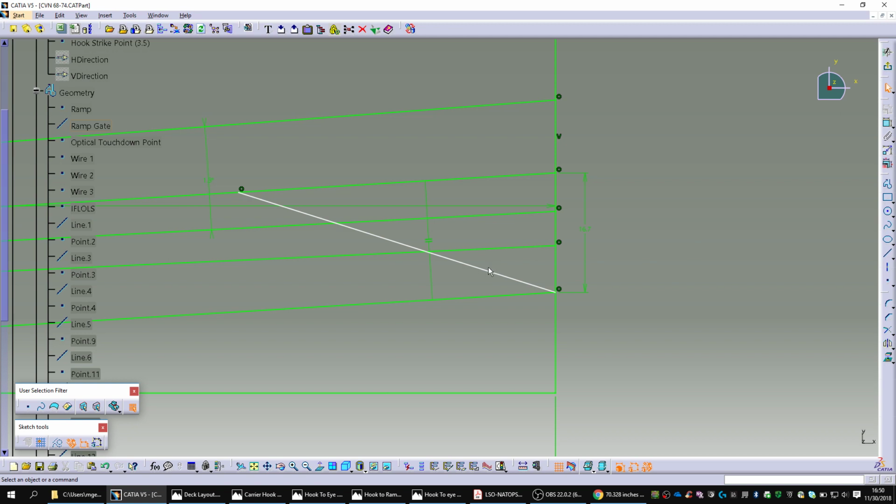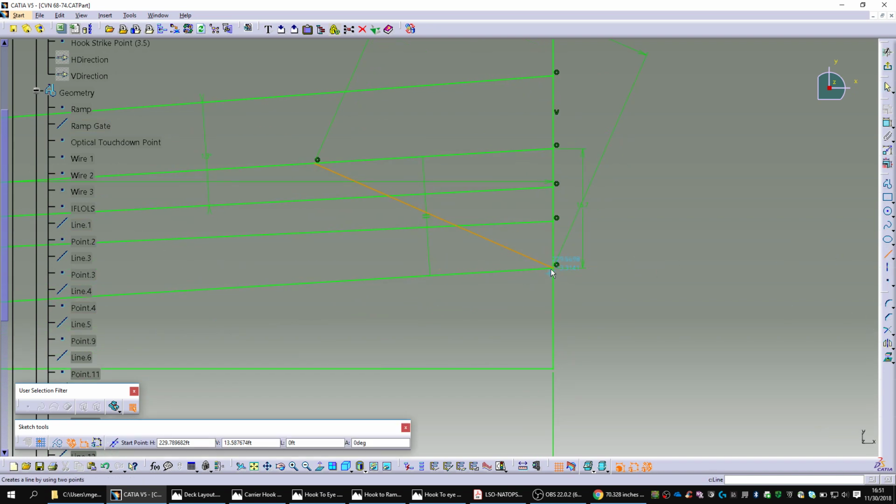So I know eye point, and I know hook point in the FSX model, and I determined that the true distance between eye and hook is 36.5 feet. Hey, if I'm wrong and you know that, let me know. Then we could correct the model, but I feel pretty good about that. So the eyeball's here, the hook's there, nozzles are there and the nose is somewhere there. But hey, we know that distance.